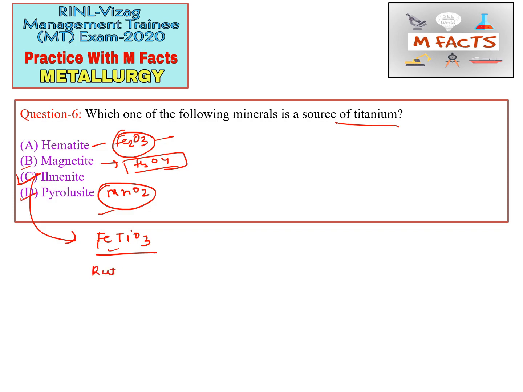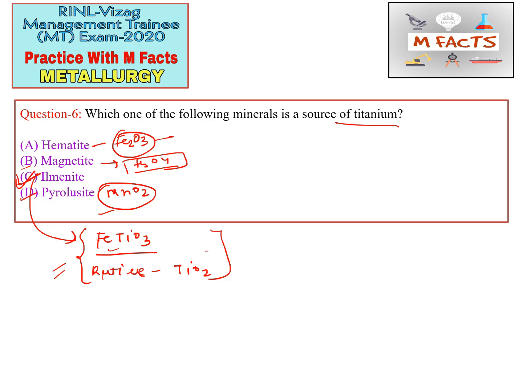And the other one is rutile, TiO2. These two are the ores most commonly used for titanium production. So we can say option C is correct for this question: ilmenite is the mineral that is the source of titanium.